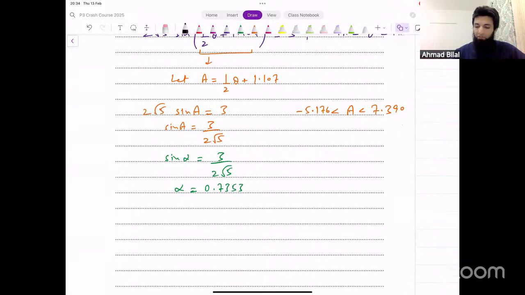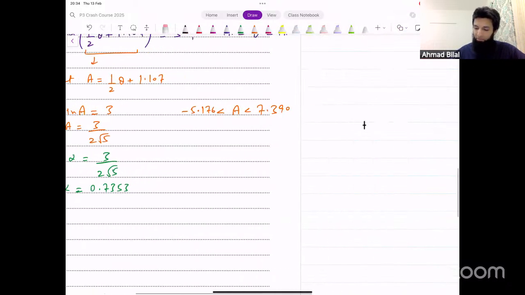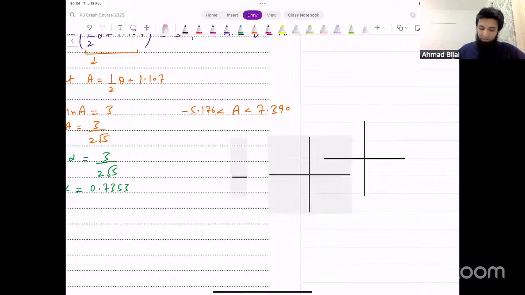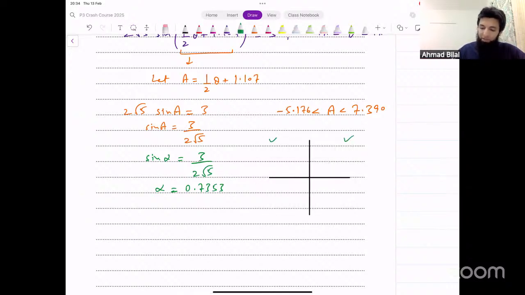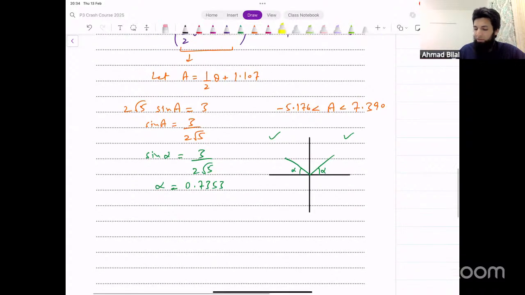Now you think of quadrants. Which quadrants can we be in? Sine is positive. Sine positive means we can either be in the first quadrant or the second quadrant. These are the only two quadrants that are possible. So the angle alpha can either be here or it can be here. Now we start measuring the angle from the positive x-axis. This is the first angle that we're getting.